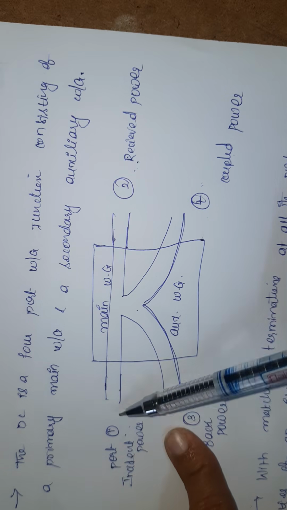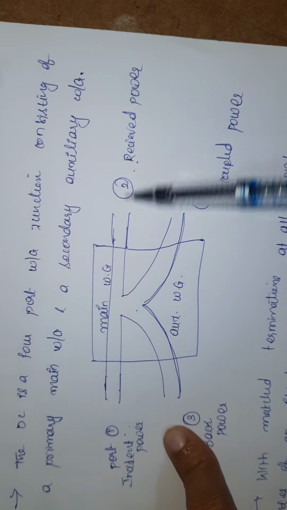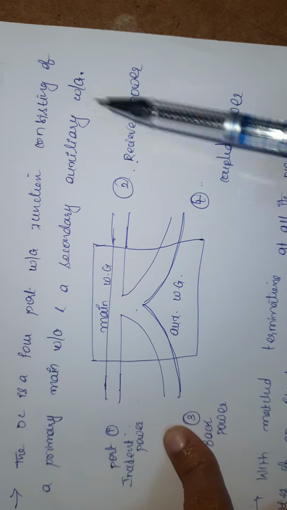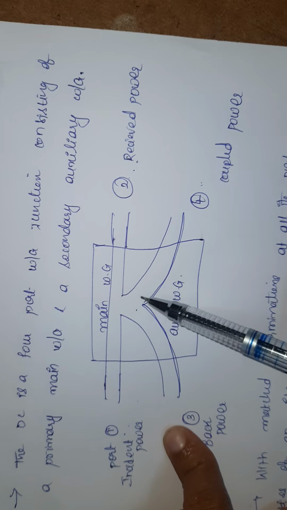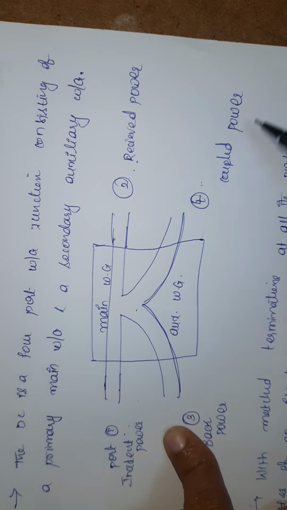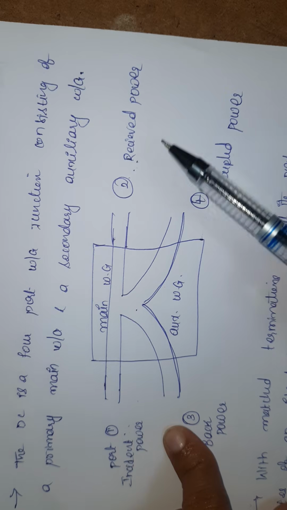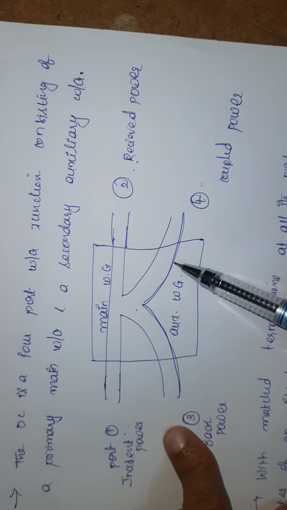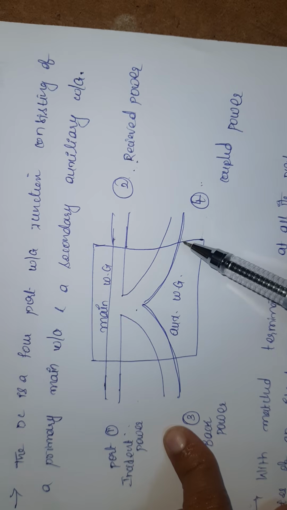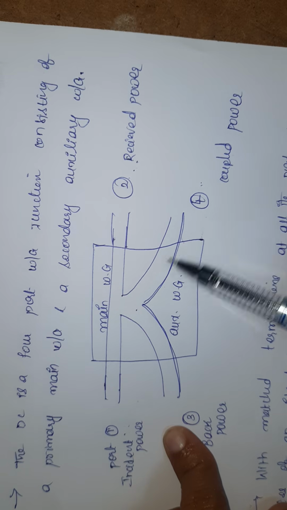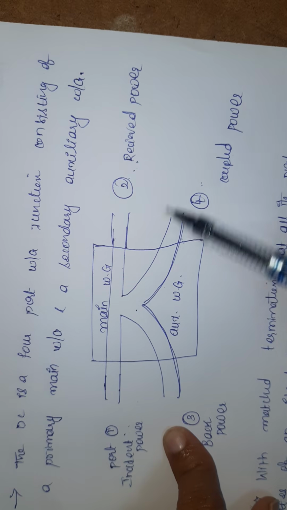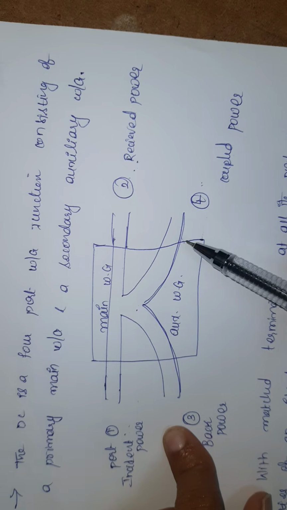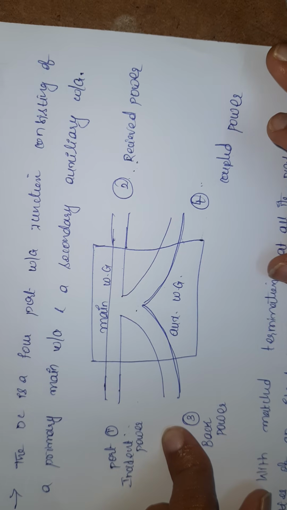So if a power is incident at port 1, it is received by port 2, and some amount of power is coupled to port 4, and this coupled power is used for measuring purposes. That is how a directional coupler actually works: some amount of power is sampled from the main waveguide by using port 4, and that sampled power is used to measure.